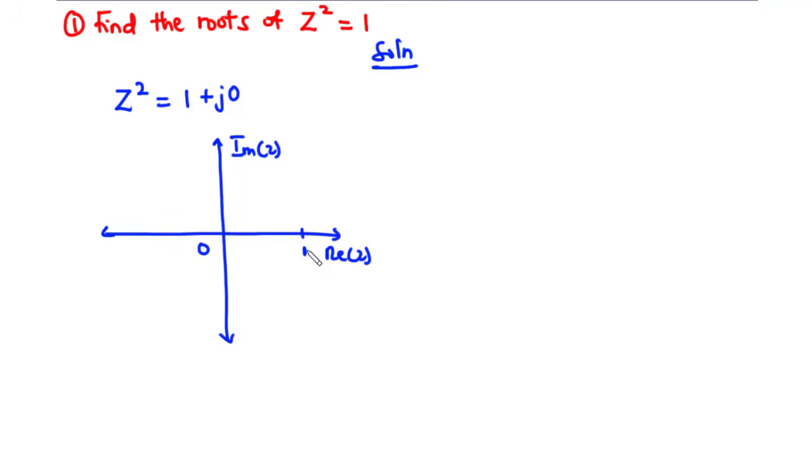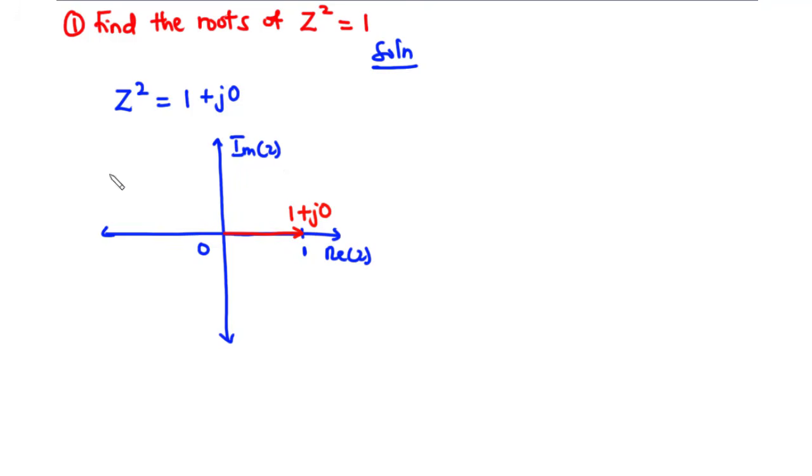So assuming that this is 1, we have the imaginary component or the y component to be 0. So basically we have the complex number lying on the positive x-axis. So this is the graphical representation of 1 plus j0.